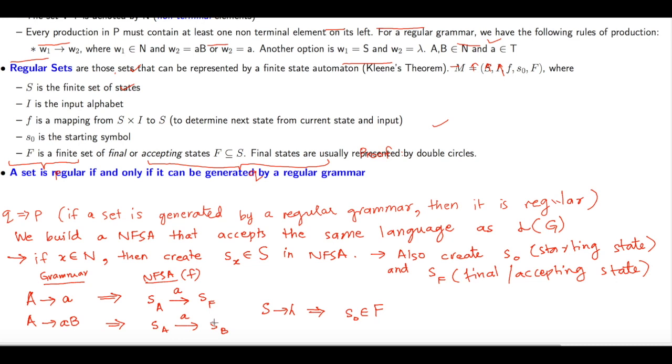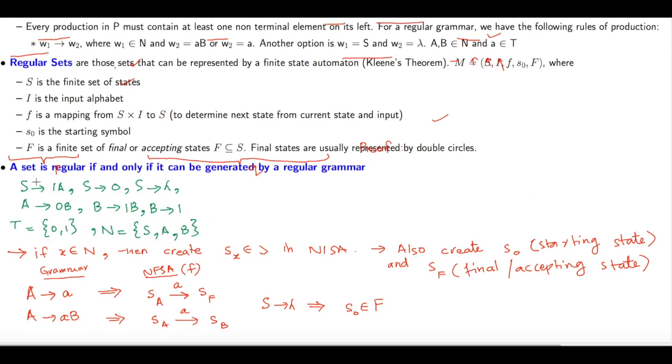Okay, now let's see how it is possible. We have these productions as our regular grammar, and we have the set of terminal elements and the set of non-terminal elements. So what is our corresponding state machine? Obviously we will have an S0.